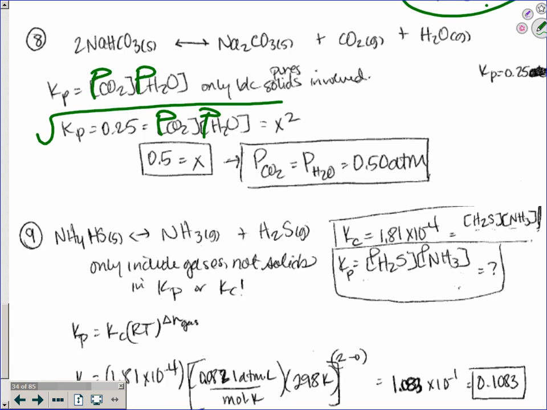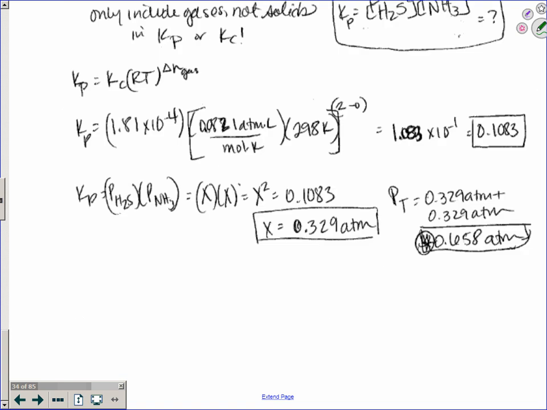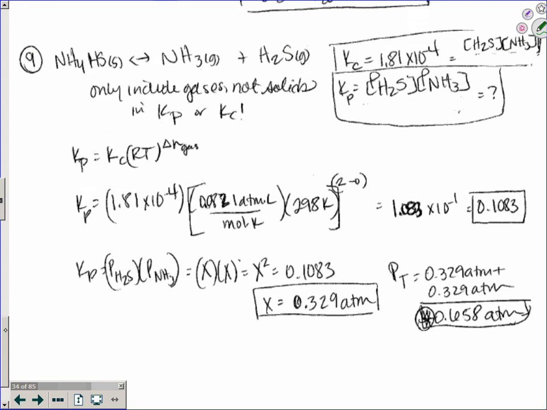So Kc was 1.81 times 10 to the negative 4th, plugging into the RT to the delta n. How did I get 2 for the delta n? I did 2 moles of gaseous products minus 0 moles of gaseous reactants. So that's how you get 2 there. So Kp is equal to 0.1083.